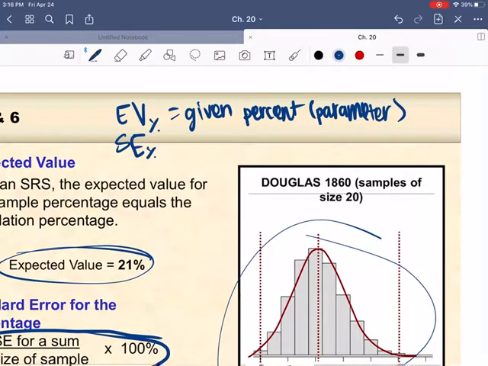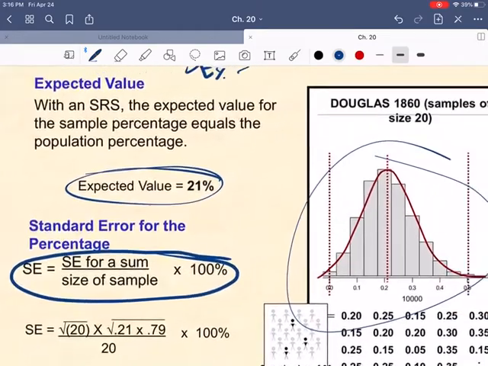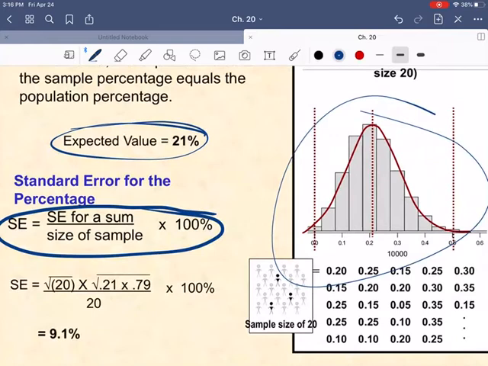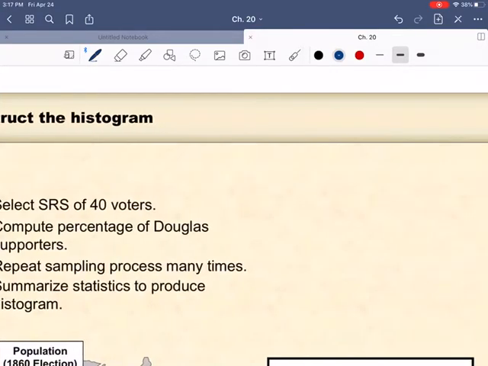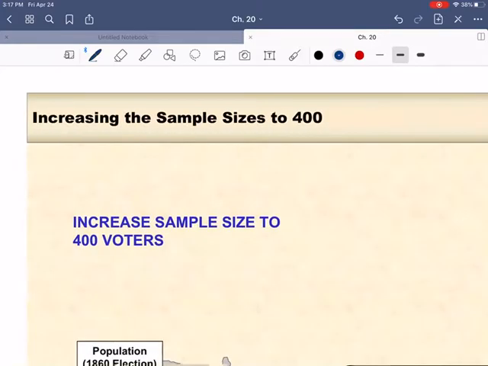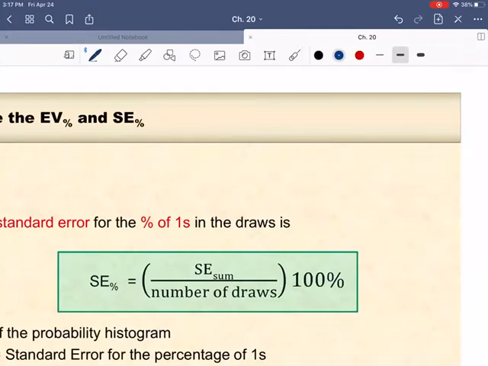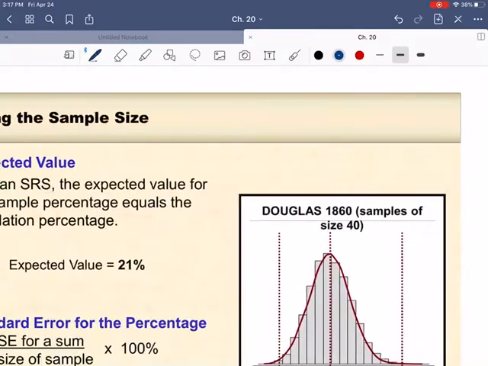And the SE percent is this formula down here, but a simpler version of it is SE sum divided by the number of draws.